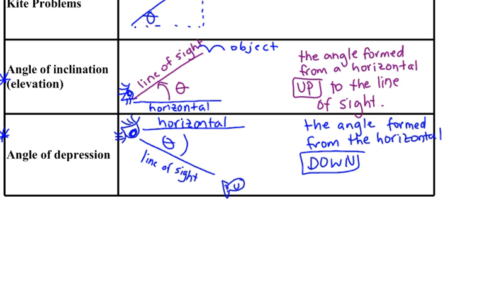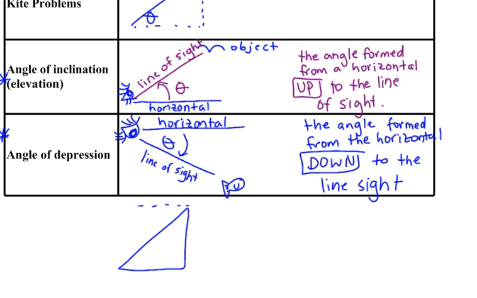So you could just say it's the same as angle of inclination, only inverted. Well, what scares me about saying that is if you have a triangle like this, you can't draw the angle of depression here. The angle of depression would actually be right here. This would be the angle of inclination.